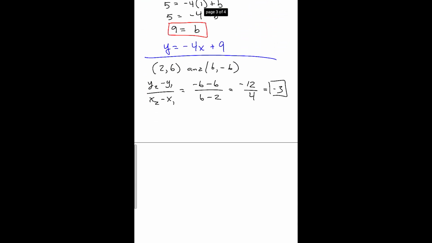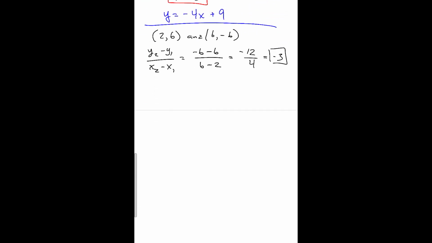So now, if we want to do the point slope formula, okay, that's cool. We can choose any point that we want, and we're going to do the point slope formula. So let's say, since we've been dealing with 6s, I'm going to choose this ordered pair, and I'm still going to use my slope.